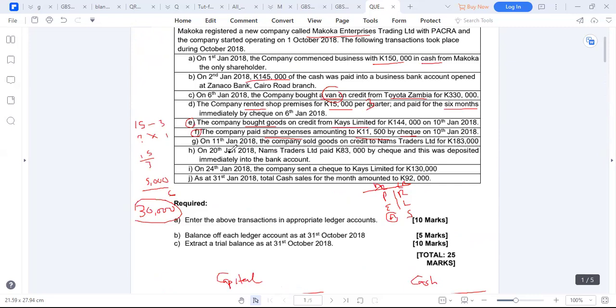So let's go to G, 11th January. The company sold goods on credit to NAMS for 183,000. What two transactions are we having there?